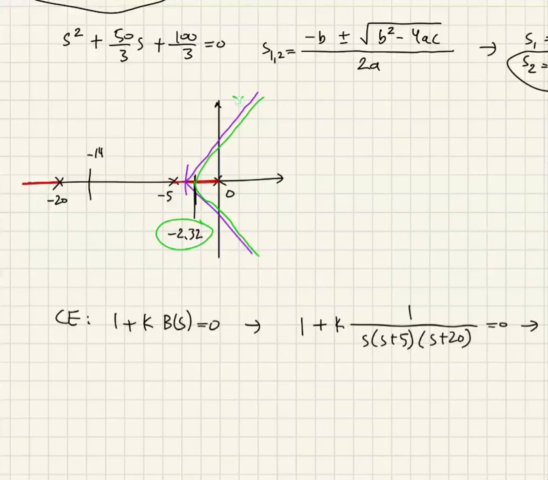Because of this asymptote angle, the locus is gonna go like this. Actually, I should write it in red because it's part of the locus, okay?